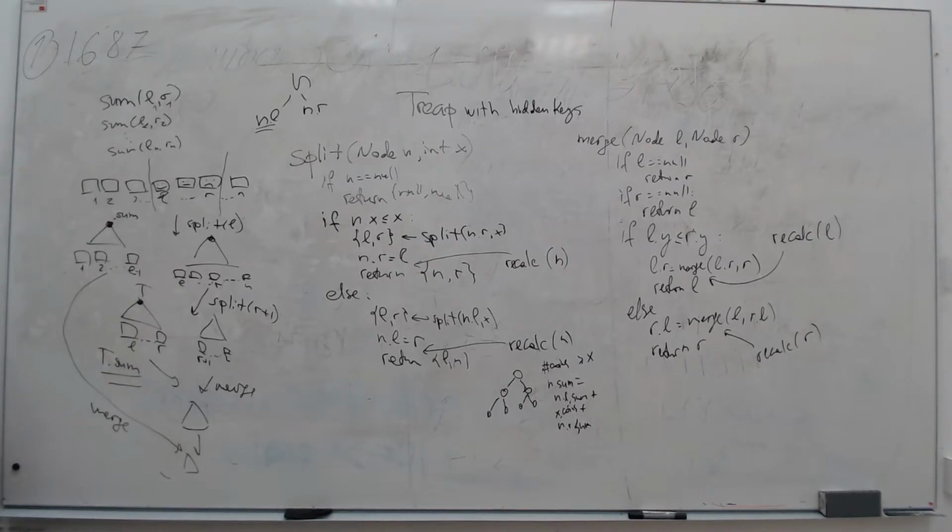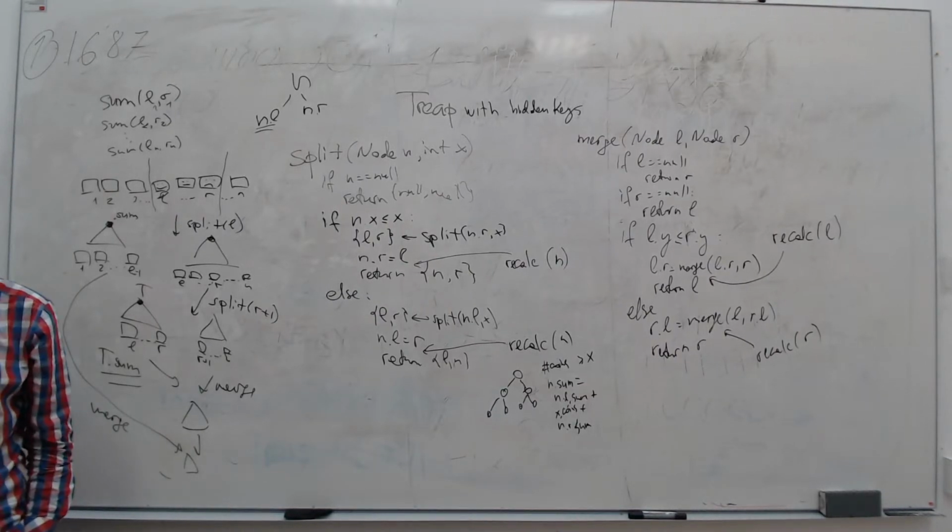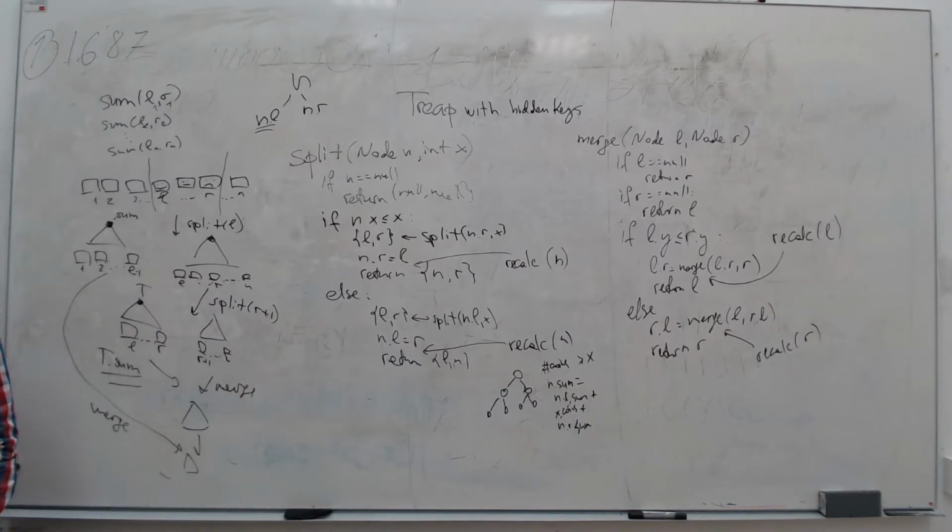Should split work as log n? Yeah, split and merge work in the height of the tree, and the height of the Cartesian tree is of logarithm n. So split and merge work in of logarithm n, as Elizaveta said. So then, how will this work?